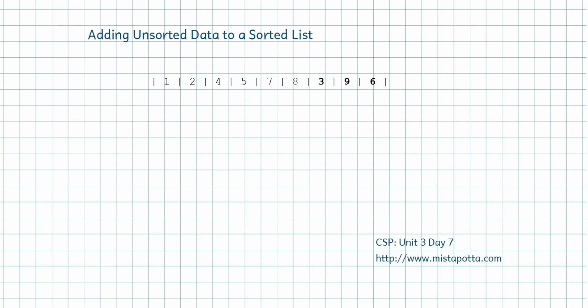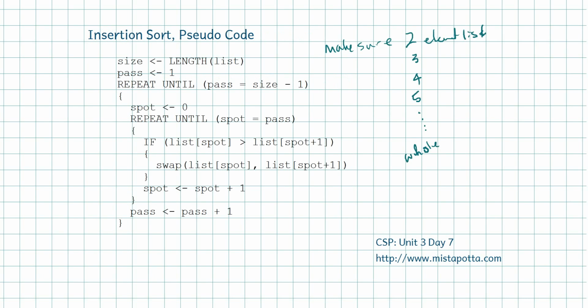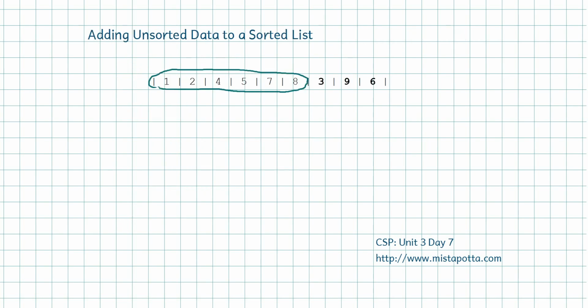What this is actually used for is when I already have a sorted list, and I have data that I want to add to that list. In other words, what if I'm not starting at 0, but instead of my pass being 1, what if I make sure my pass is starting at 7? Because I know that the first 6 elements are in order, I just need to start with the 7.